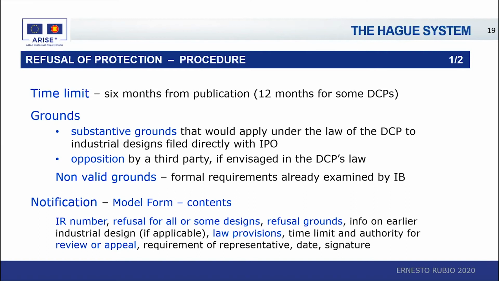It may also be based on an opposition by a third party if your law so allows. If there are substantive grounds for refusal or an opposition, your office shall notify this refusal to WIPO within this prescribed period of 6 months or 12 months and provide all the information required for that purpose, and preferably in a special form, that model form that WIPO makes available for that purpose.